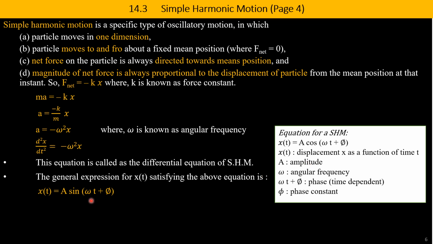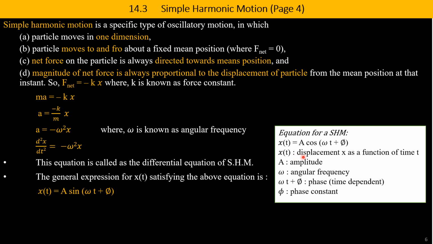Here please note, we can write x of t as a sin omega t plus phi, or x of t equals a into cos omega t plus phi. Therefore, the equation for simple harmonic motion can be written as x of t is equal to a into cos omega t plus phi.